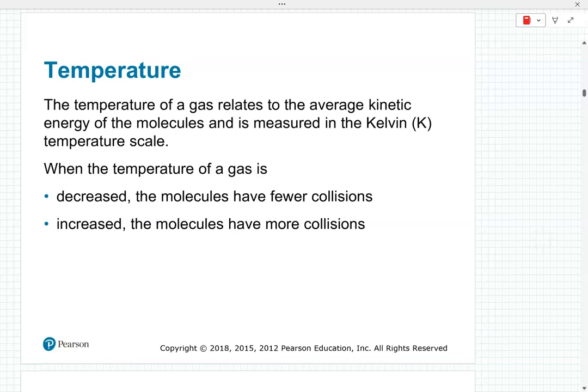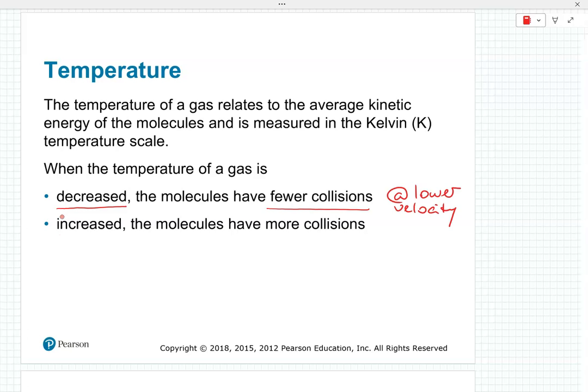So this is what we've discussed already, temperature. If the temperature of the gas goes down, fewer collisions, and I'm going to add, at lower velocity.